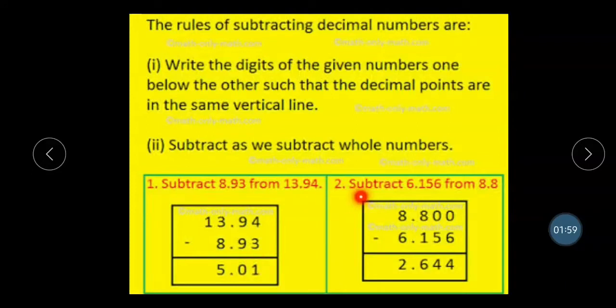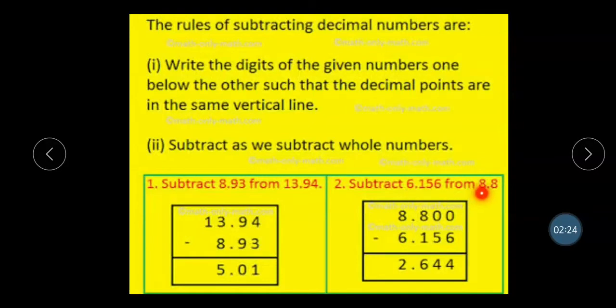Second example, subtract 6.156 from 8.88. So we will be subtracting 6.156 from 8.88. The first digit we will be writing is 8.88. Children, please keep in mind the decimal point, the digits after the decimal point.